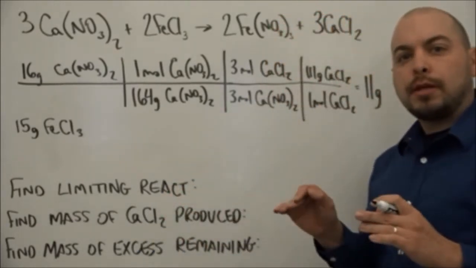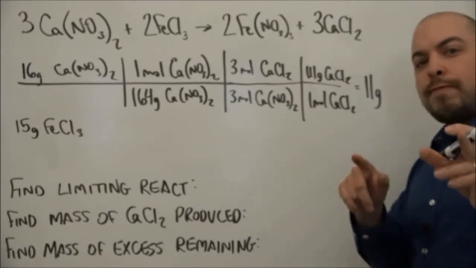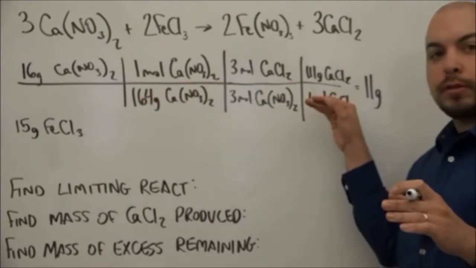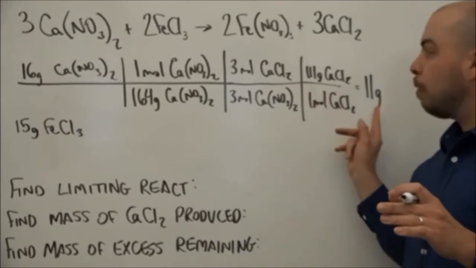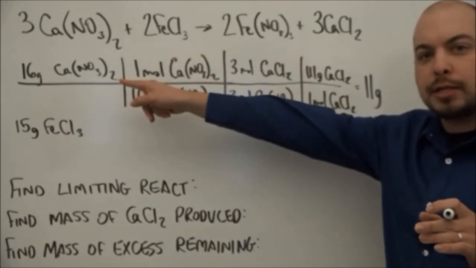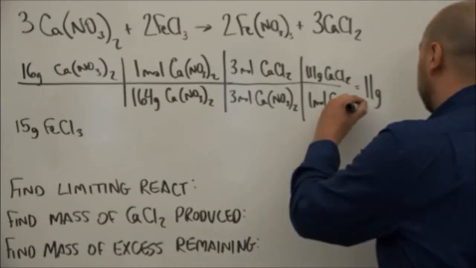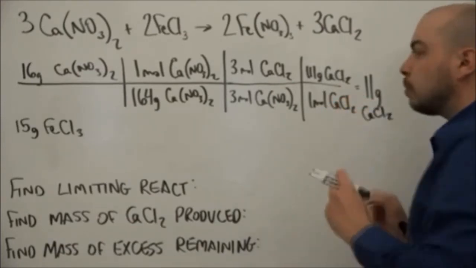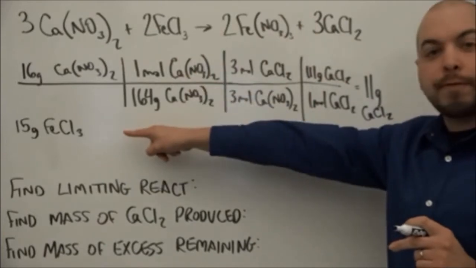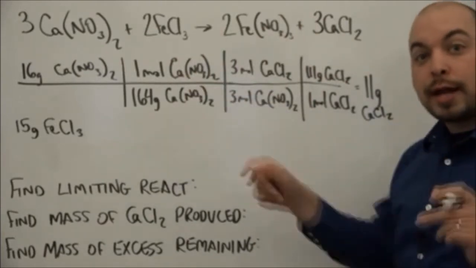Now, once we finish with finding the mass of the calcium chloride that can be produced, we find that from 16 grams of calcium nitrate, we can produce 11 grams of our calcium chloride. We need to do the same thing for 15 grams of iron chloride. So let's do that now.